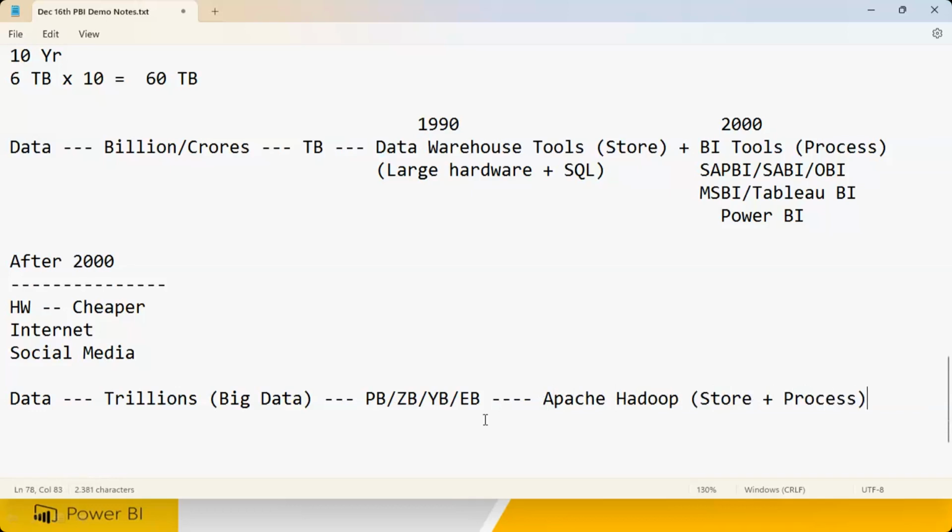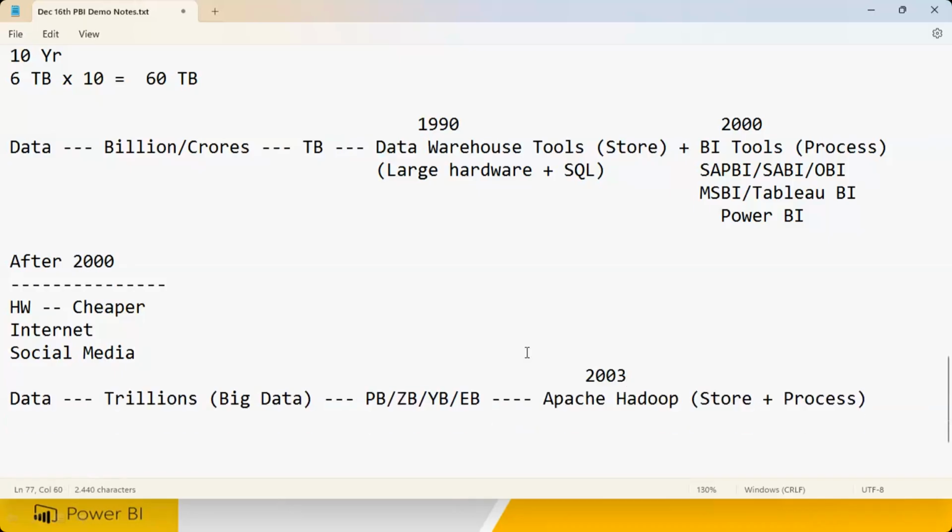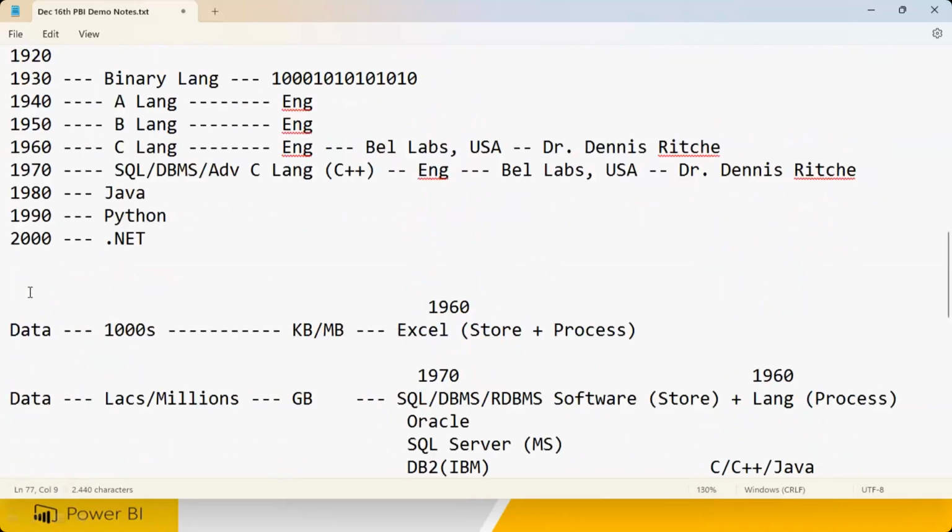Clear? So this software was released in year 2003. So many people started using mobile phones. So year 2000 onwards, the big data era started. Earlier, whatever data we're talking about was completely small data, right?